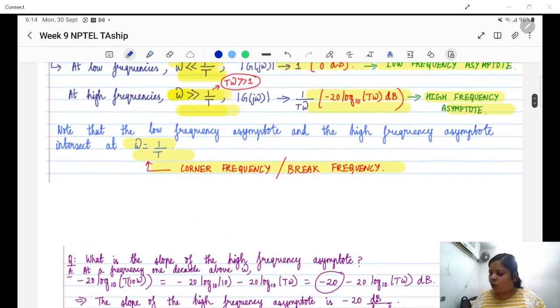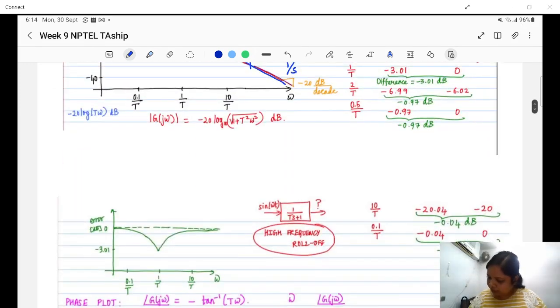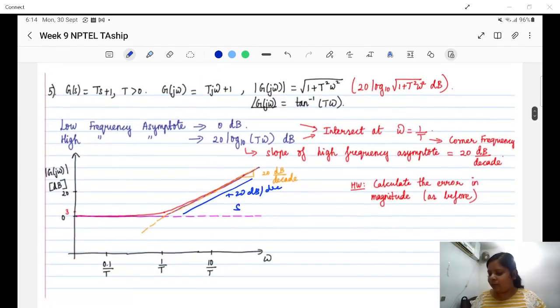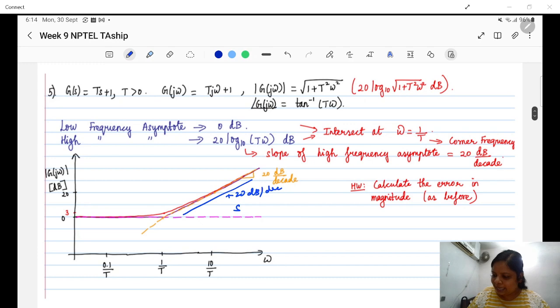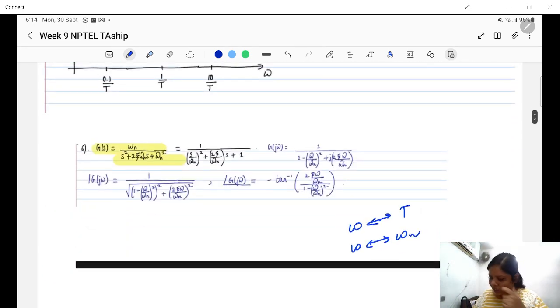What is corner frequency? Corner frequency is omega equal to 1 upon T. So this is also what we'll be looking into today. Okay. Next, what we had seen for Ts plus 1, it is rising because we can say that it is comparable to s. All right. So all of these were things we had seen.